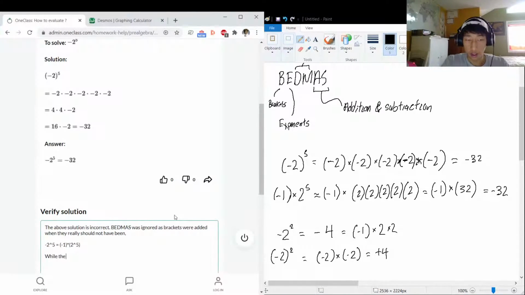While the result is the same for this example, the result would not be the same for cases where the power is an even number. So be very careful about BEDMAS.